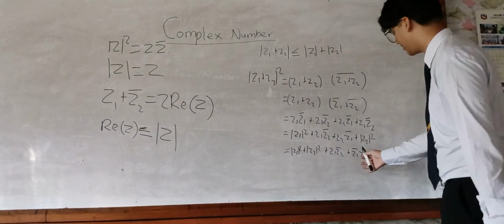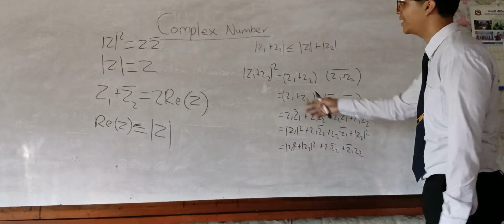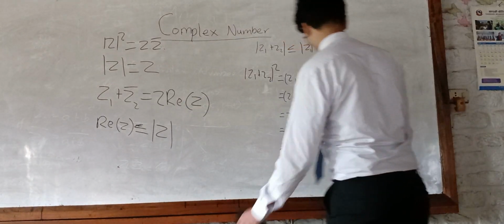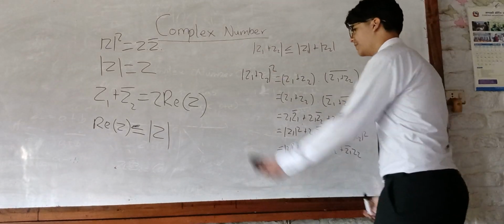As you can see, the bar is not in the same position, so we can't apply this right now. We need to change it so it will be the same as the property there.